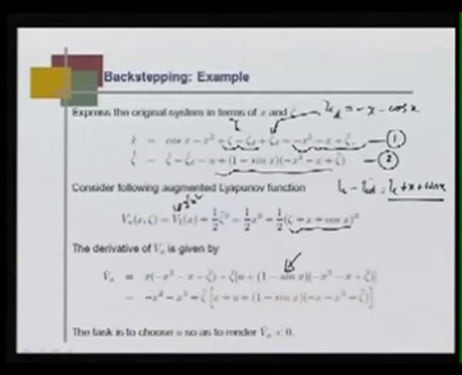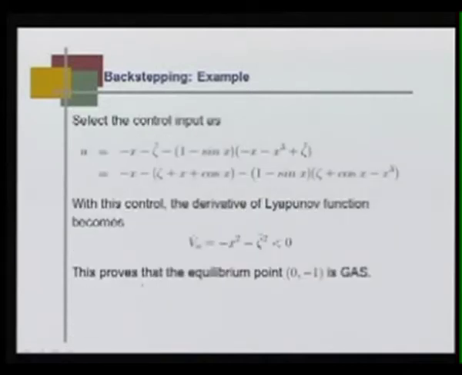I can take xi tilde common here, put x here, and this quantity all enters here. So, I can make this quantity vanish if I select u to be minus x minus 1 minus sin x into minus x cube minus x plus xi tilde. Then V dot is minus x square minus x to the power 4, which guarantees global stability.